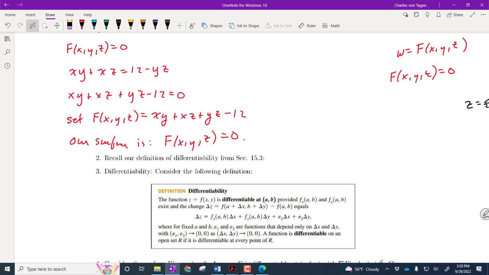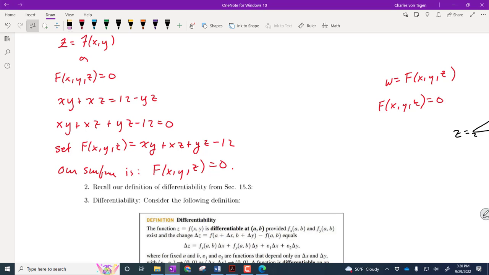I just wanted to add, hopefully this helps: the way I thought of it is that setting it equal to 0 means, going from 3-space to 2-space, we're just taking the xy plane. Right. If we took the 12 and set it equal to 12, it's like setting w equals 12, and we still want to draw a connection between that and R3.